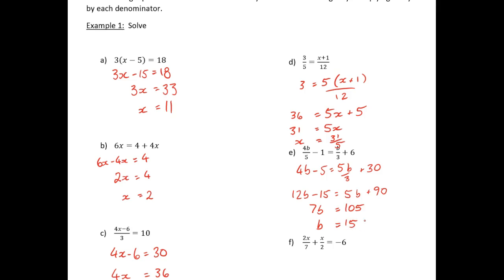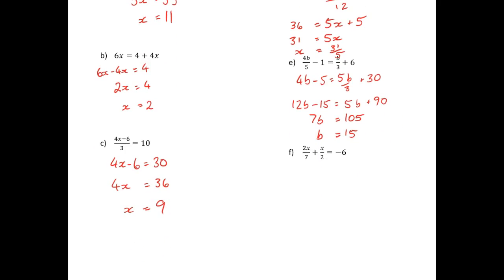Rightio. Now, just one to go here. Multiply everything through by 7. I get 2x plus 7x over 2 equals negative 42. Now I'll multiply everything by 2, and I get 4x here plus 7x equals negative 84.